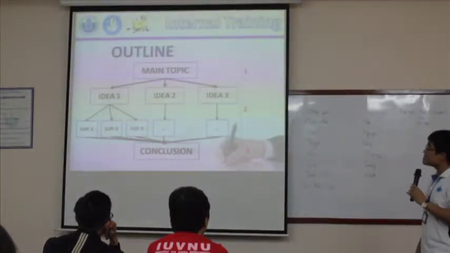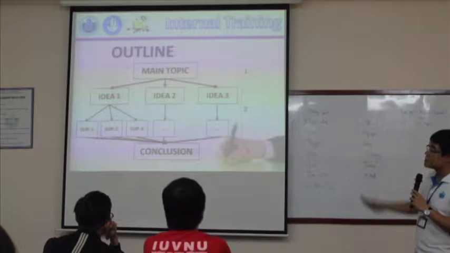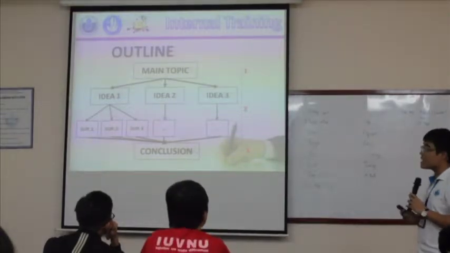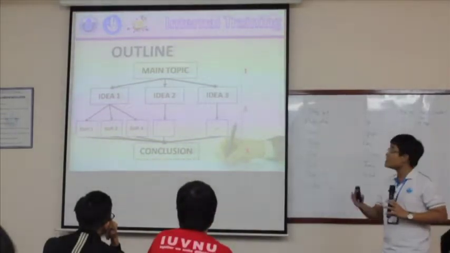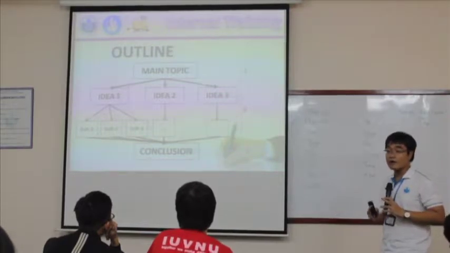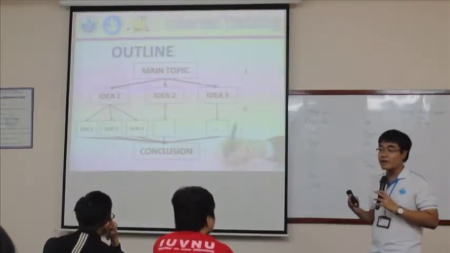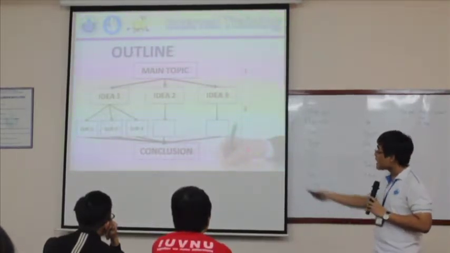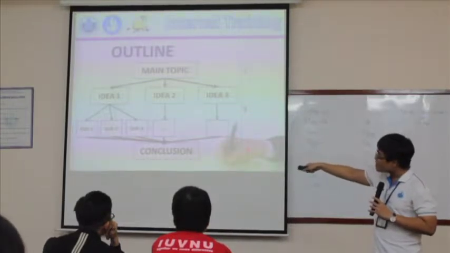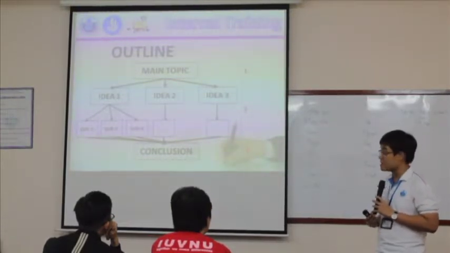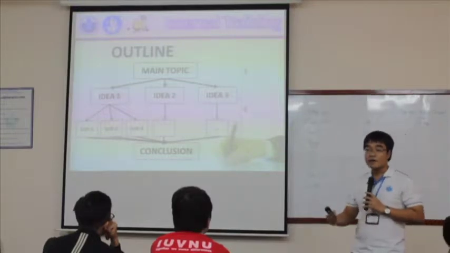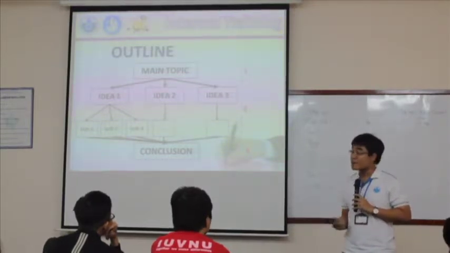You can see that in this diagram, on the top of it, you are given a main topic. And then you will break it down into 3 main ideas that you are going to develop your essay in that direction. And then for each main idea, you have here the 3 supporting ideas, so that your main idea is much stronger and more reliable.